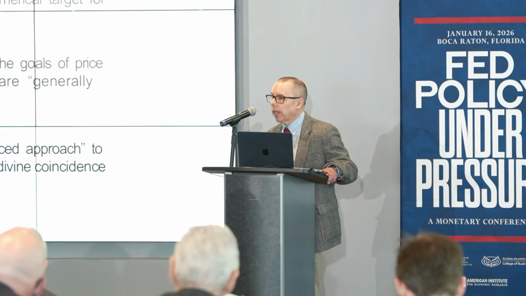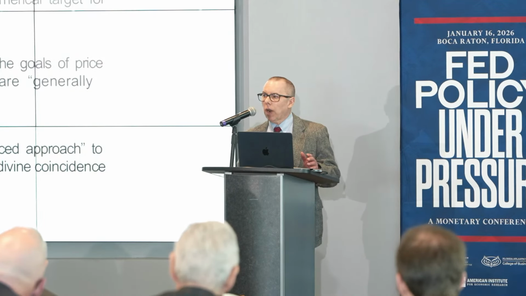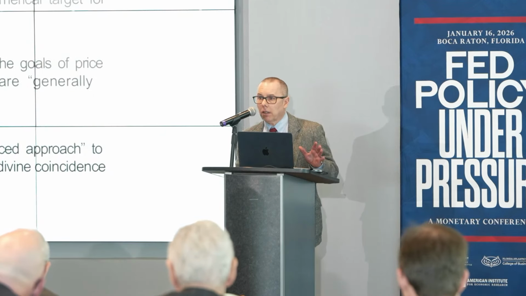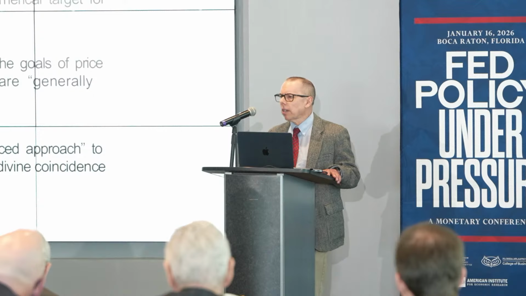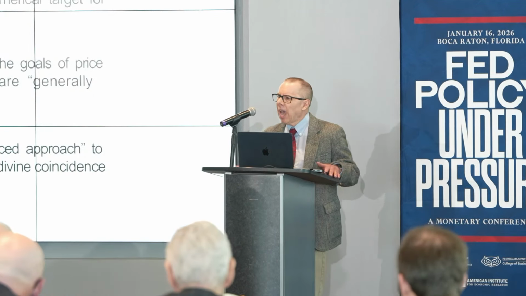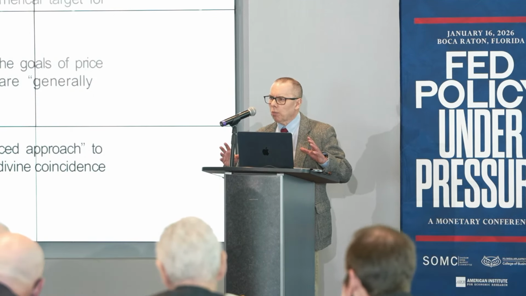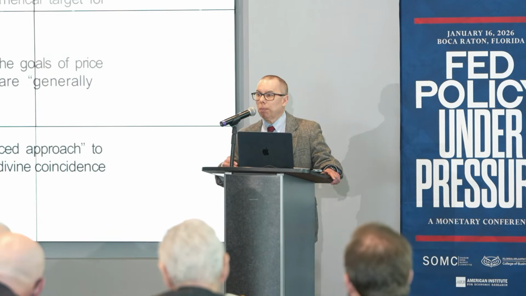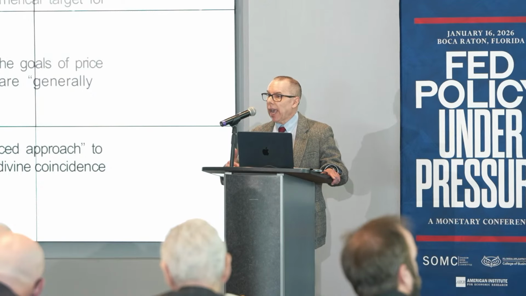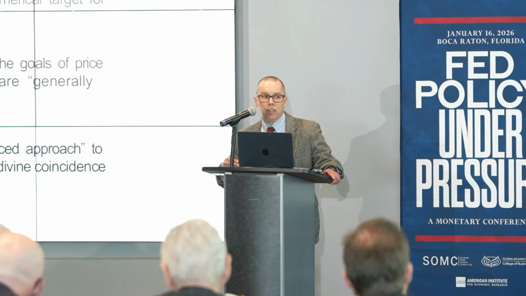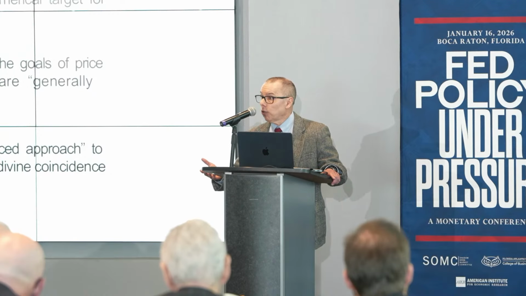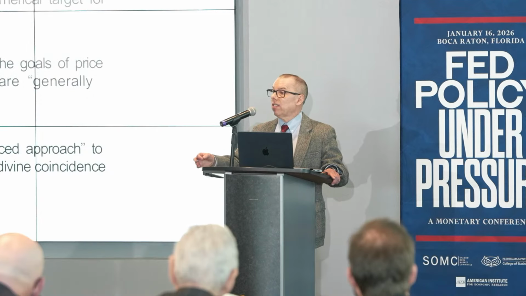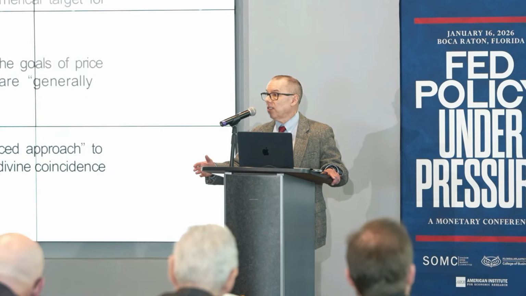And then third and finally, the 2012 statement prescribes a so-called balanced approach in circumstances where the divine coincidence breaks down. I talk a little bit more about this in my paper. I interpret that phrase, balanced approach, as learning from experience. Throughout the 1970s, repeatedly, the US economy was hit by adverse non-monetary shocks, most famously sharp increases in the world price of oil, that by themselves did increase the measured rate of inflation and also increased unemployment.